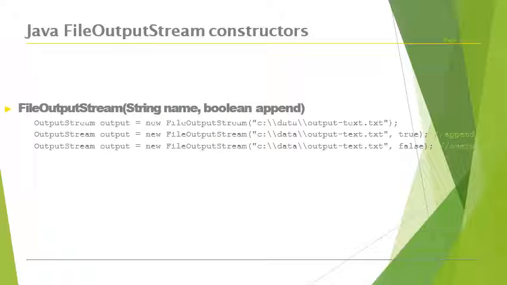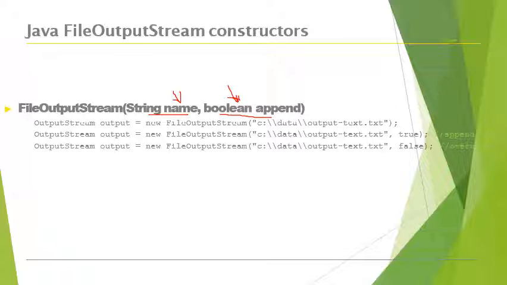Now next one is FileOutputStream(String name, boolean append). We are using a file and a string, and we have written all the things in that file. By using this appending mode we can append the value, and it is given as boolean append, so we can give true or false.